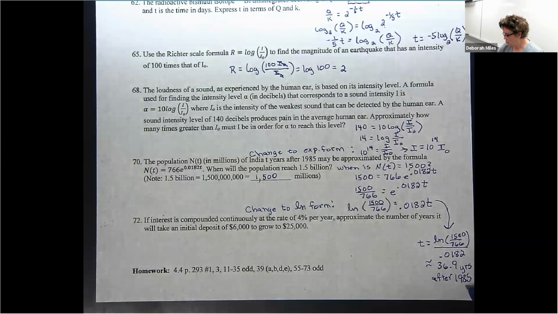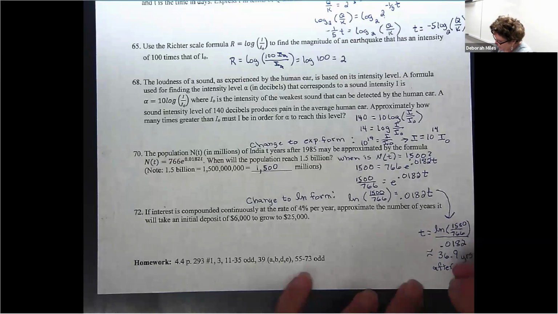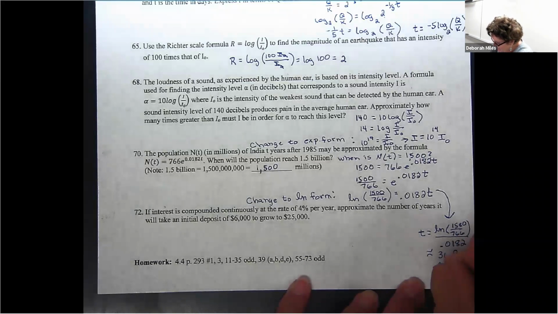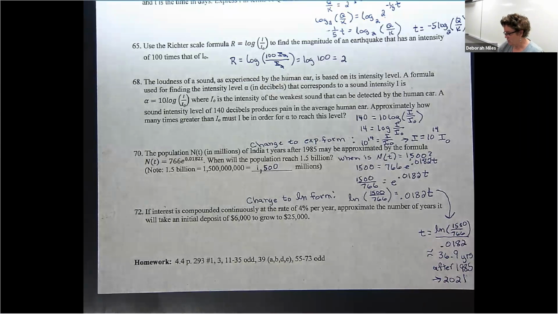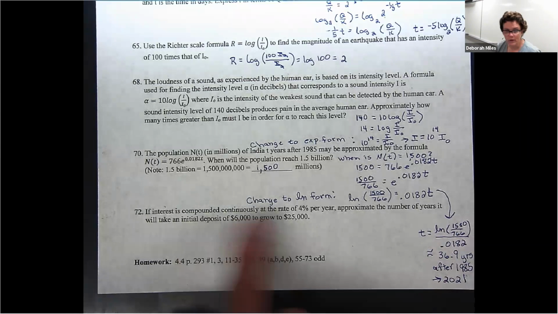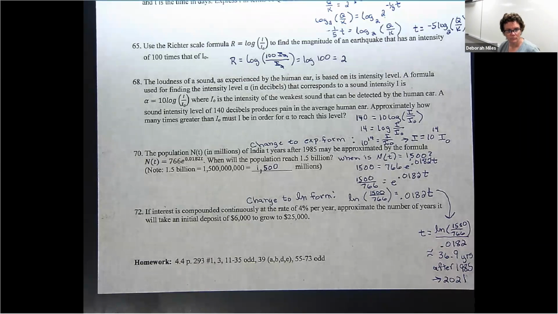It's 2022. Since this is a little bit less than 37, we're going to say sometime near the end of 2021, the population of India will be 1.5 billion. Google that now, and it's pretty close to 1.5 billion.